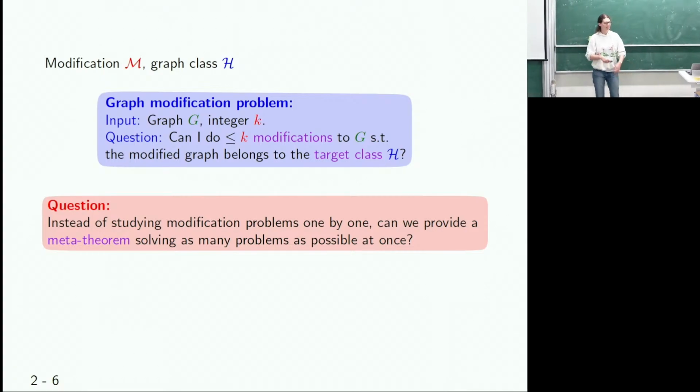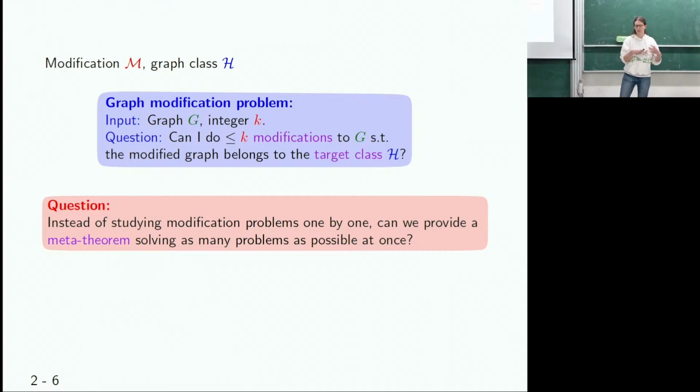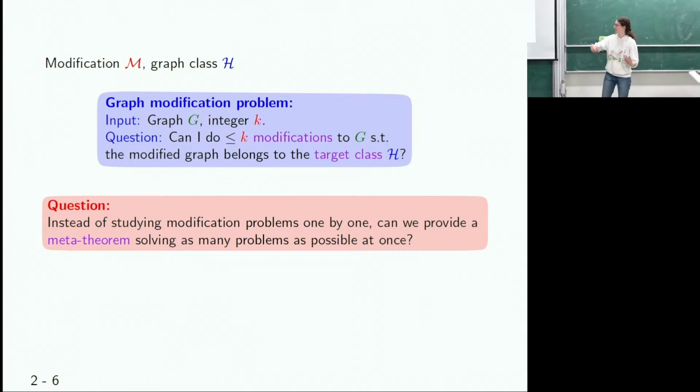Instead of trying every problem separately to solve them, can you not do a meta theorem that says for every target class that has these properties, or for every modification that looks like this, then I have an FPT algorithm with the running times that I want.